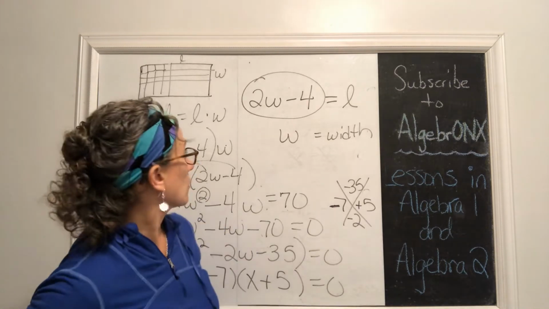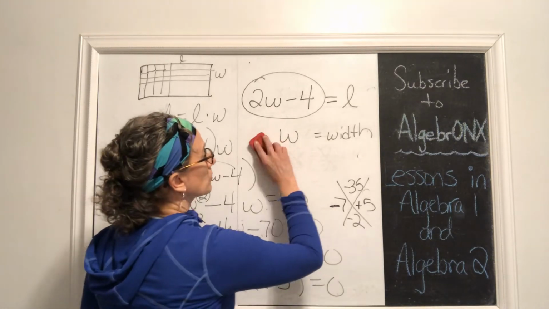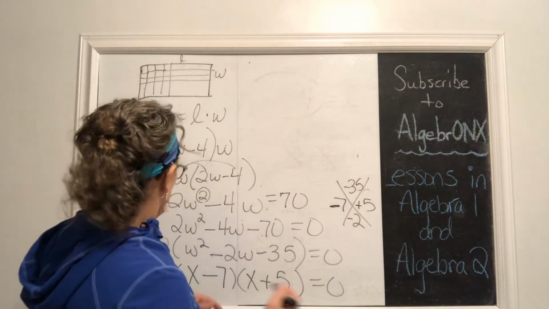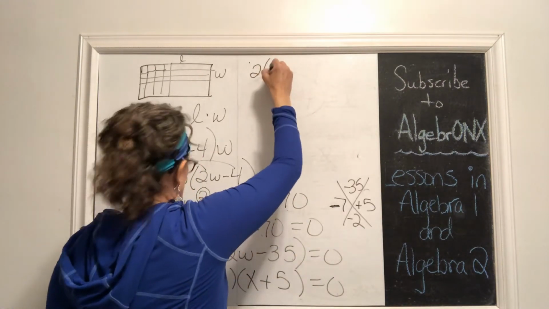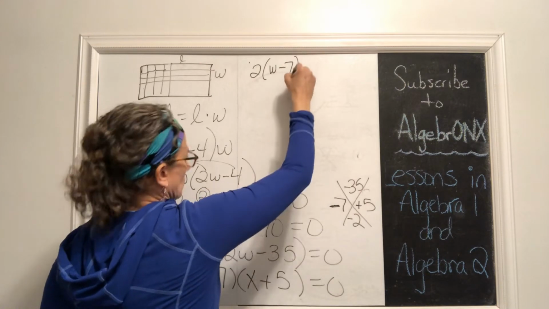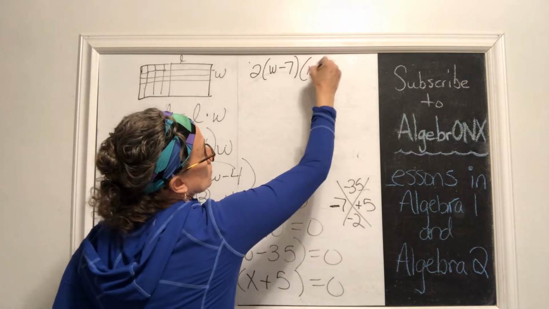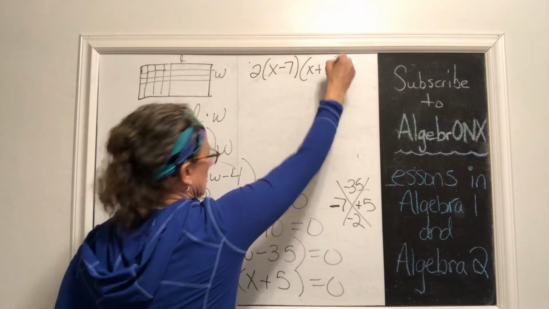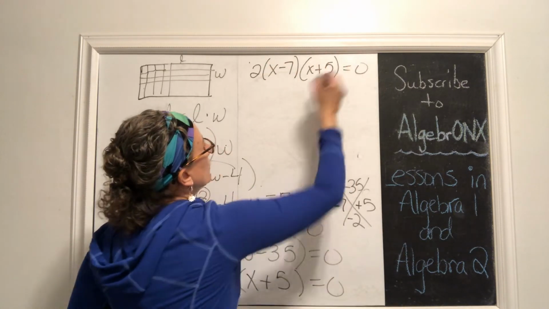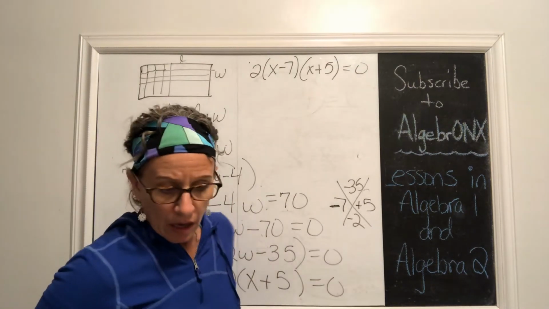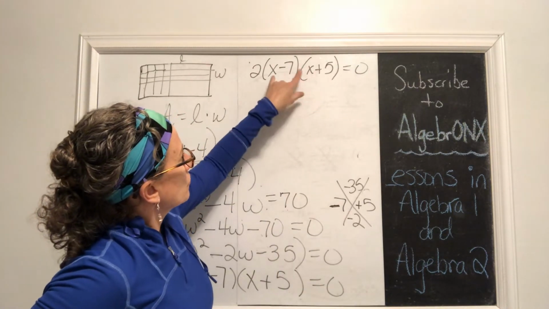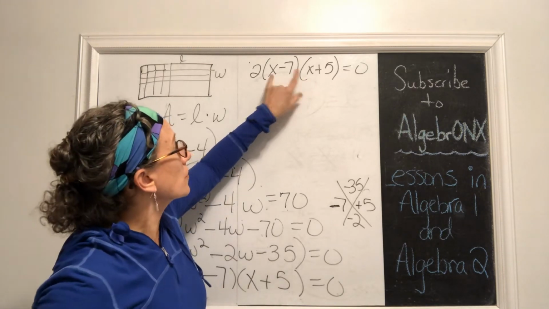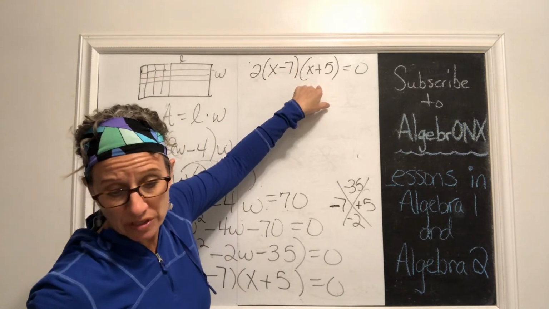Now I have to erase a little up here because I ran out of room. And I'm going to just rewrite what I have on the bottom. I'm sorry, not a W, that's an x. And equals 0. Okay, now I'm going to take my binomial factors and set up a t-chart. The t-chart is going to set each of the factors equal to 0.